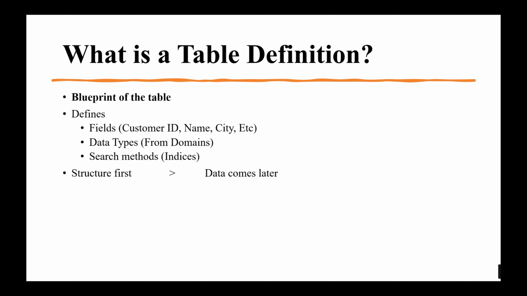And how LN will search inside the table is done using the indices. So a table definition is the structure of the table, and the actual data comes later when the business uses it.